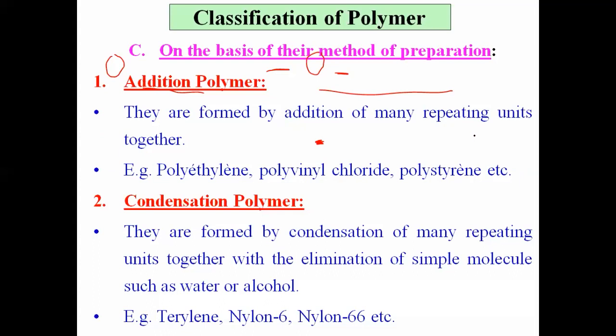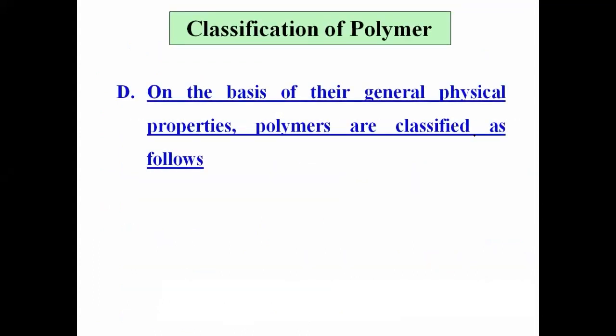Okay, now let us see one more mode for the classification of polymers, and this is the general physical properties. On the basis of their general physical properties, polymers are classified into different types.